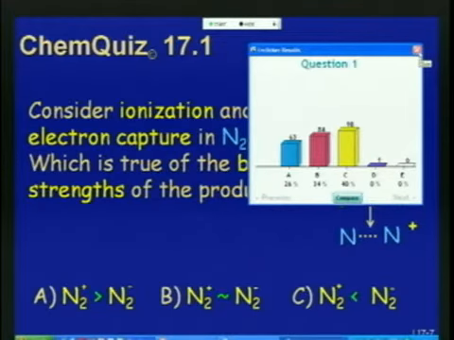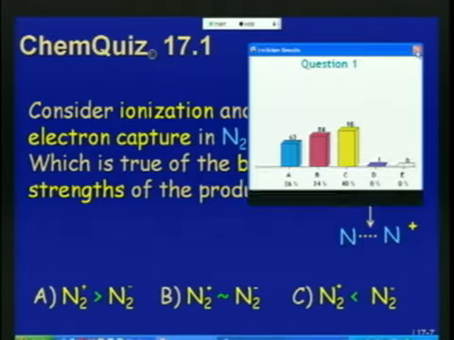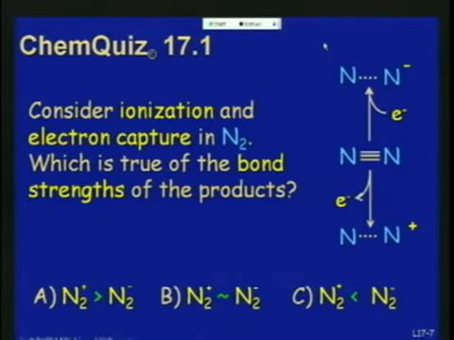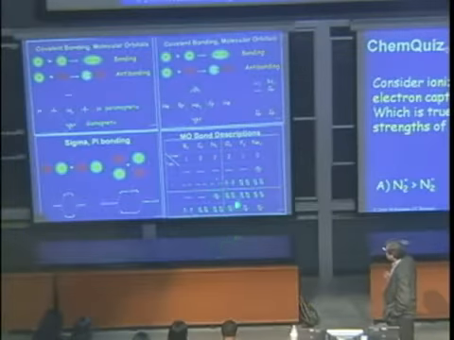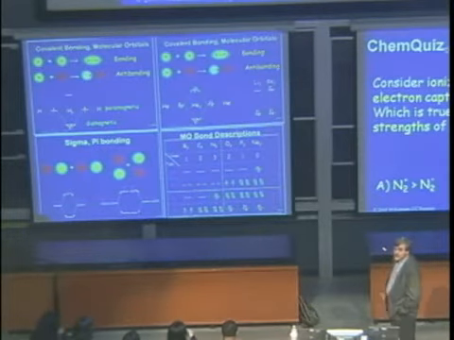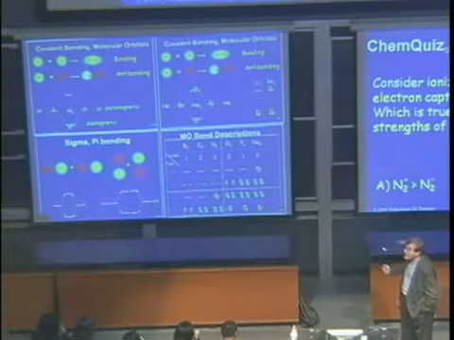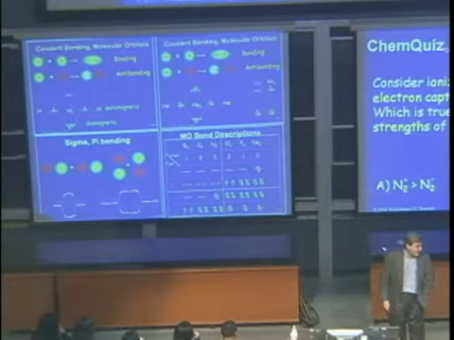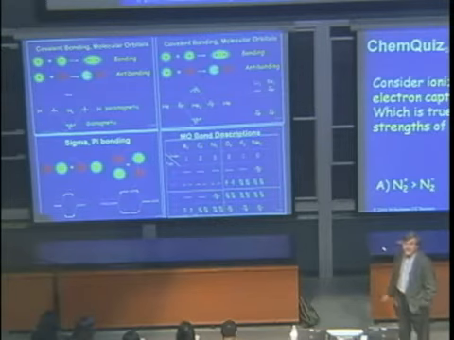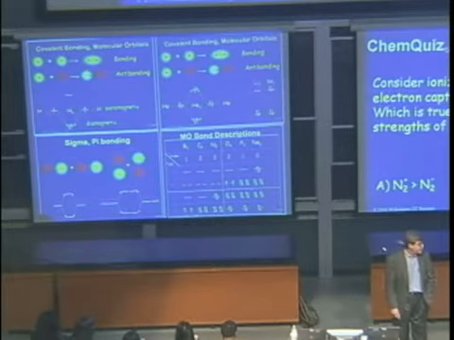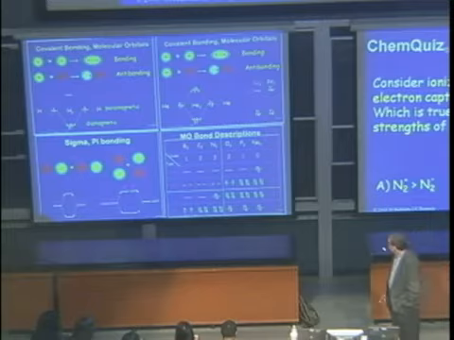You know what bond order is, don't you? Number of bonding electrons minus the number of anti-bonding electrons divided by 2. All right, now let's go and have a look at this again here. Please follow me here. So this is nitrogen. If you take one away, you have ionization. Then you count the number of bonding electrons and subtract the number of anti-bonding electrons and determine the bond order, all right?